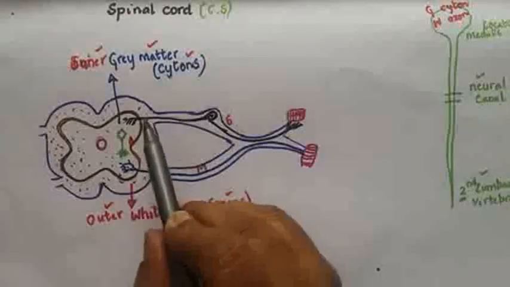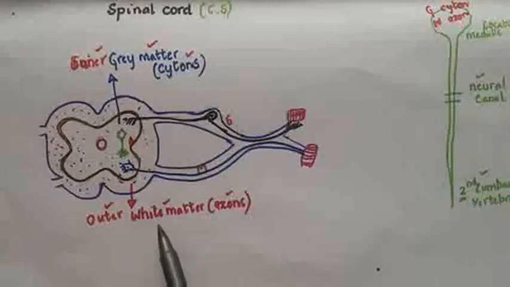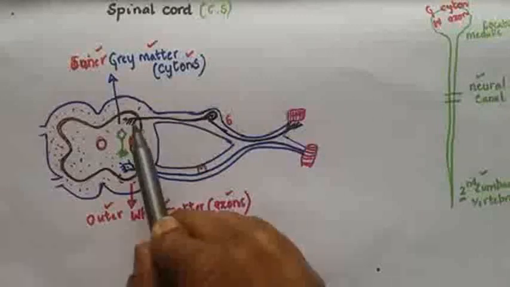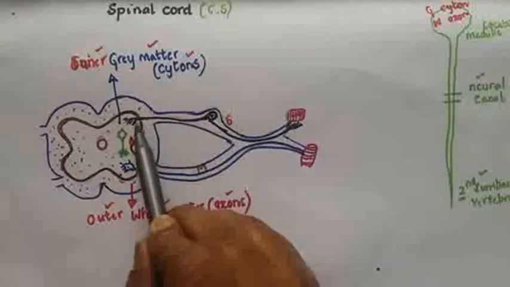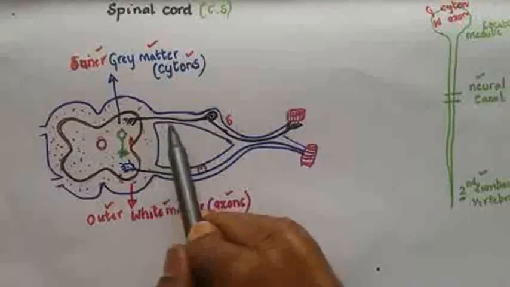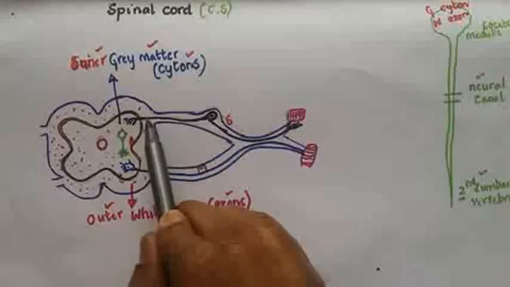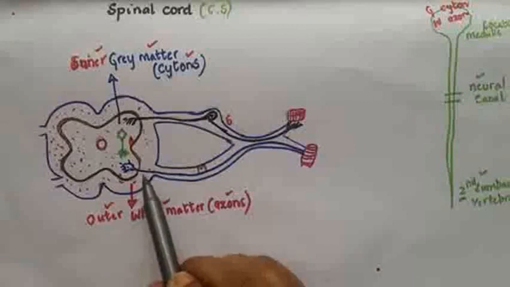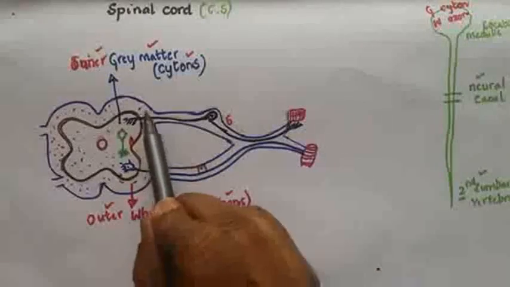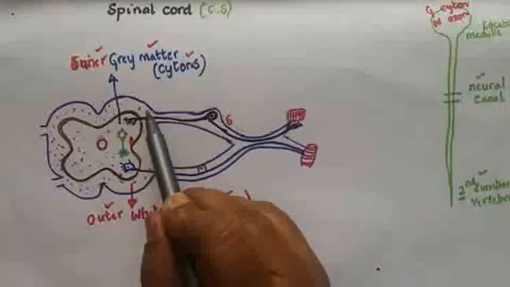Along with that, we find the outer region which is white in color because we find the axons. This is an axon of the sensory neuron which provides white coloration, and this is the axon of the motor neuron which is found in the outer region and imparts a white coloration.